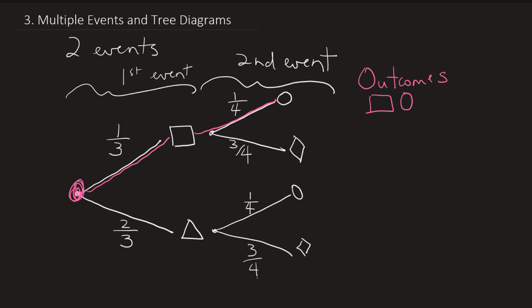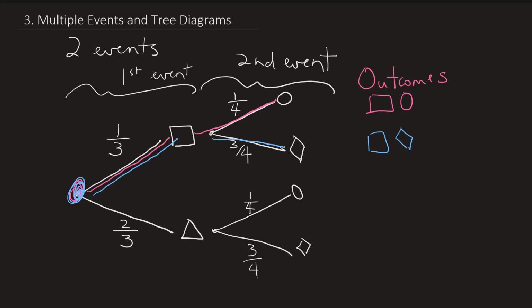So the pink branch leads to an outcome of a square and a circle. Let's try the next one. Again, we will start at the beginning. This time I'm going to do it in blue. We travel along this branch to get to a square, but this time we move down here to the diamond. So the outcome for that branch is a square and a diamond.